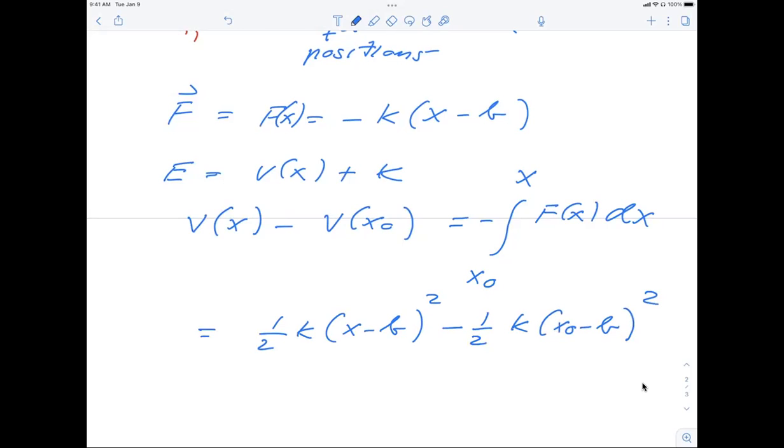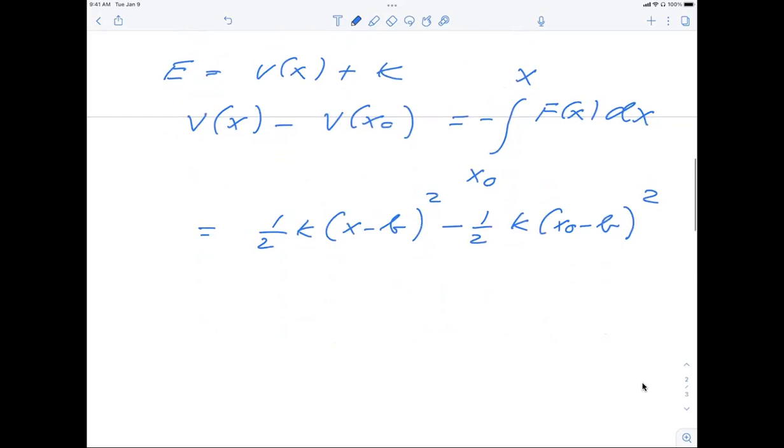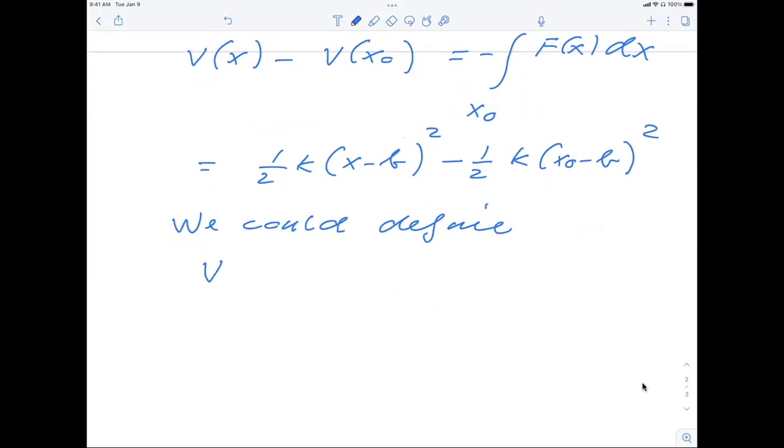So we can always define some kind of reference point. One thing we could do now is to define that V at X equal to B is equal to 0. Remember that when we are looking at the work energy theorem, we are always looking at something with respect to a specific value.